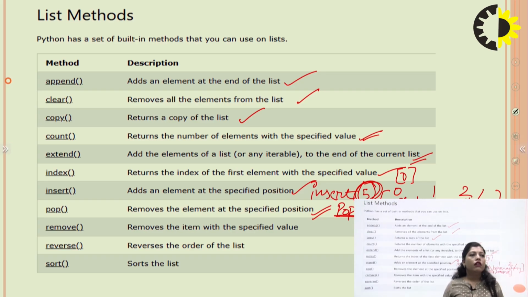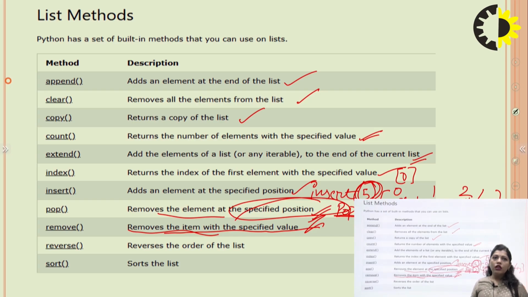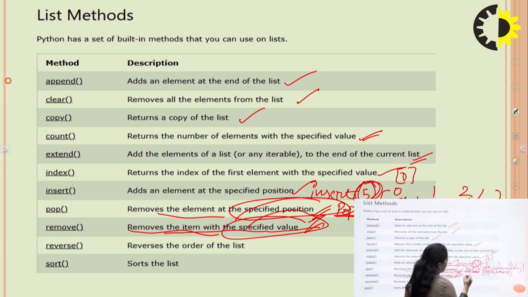Next is remove. Remove removes the item with the specified value. In pop, we talk about the specified position, but in remove, we talk about the specified value. For example, when we remove apple, we directly write the value: remove apple.